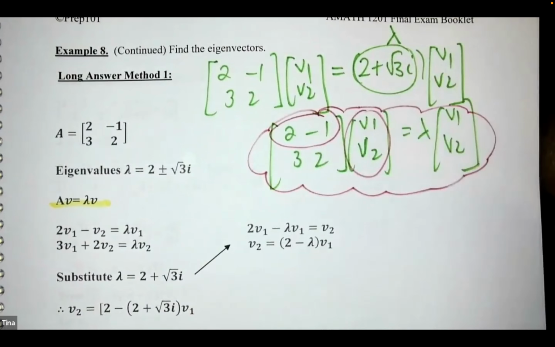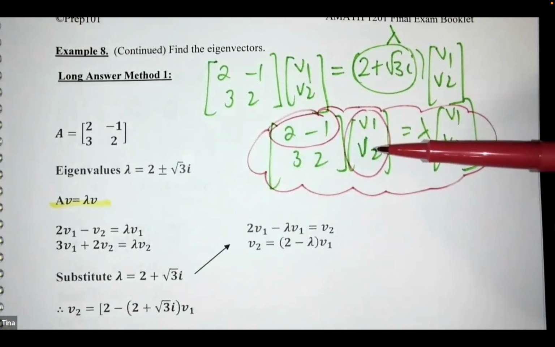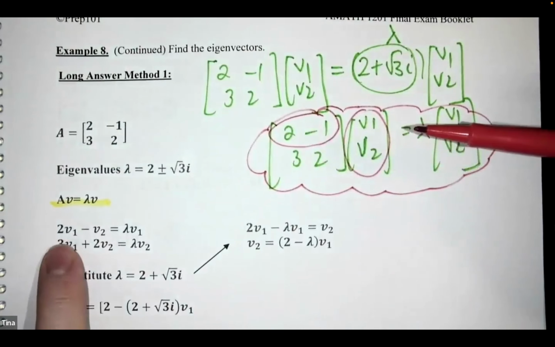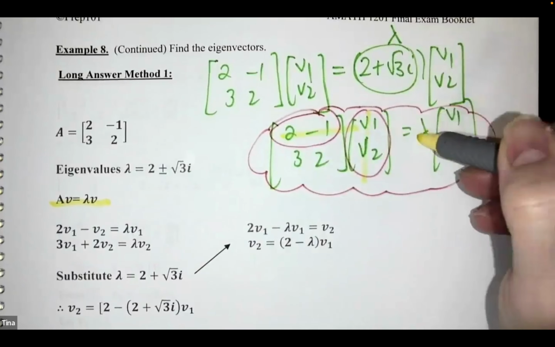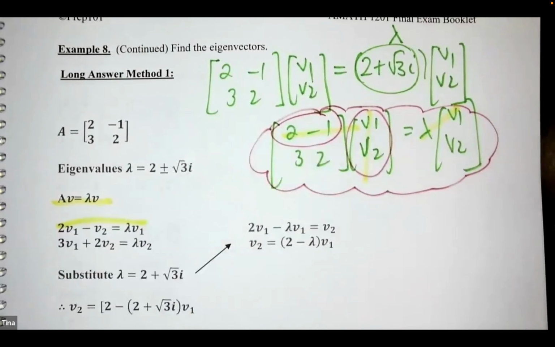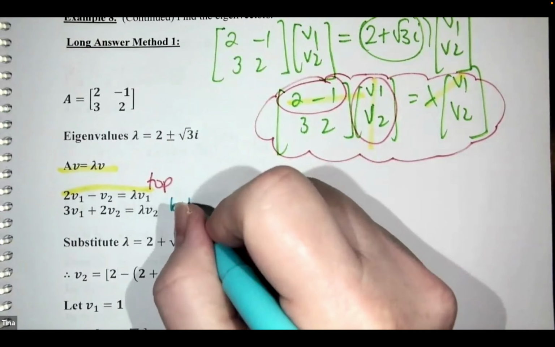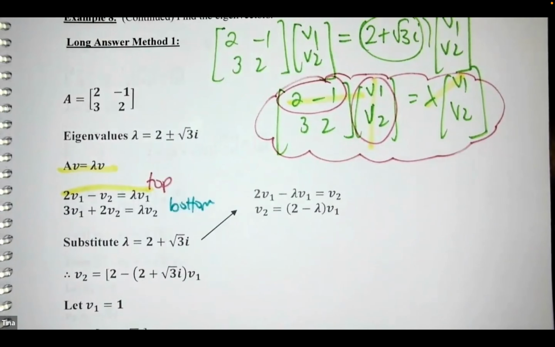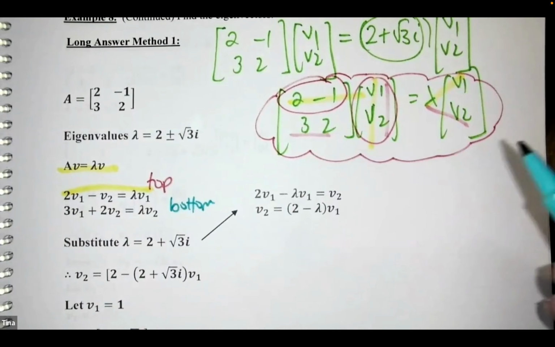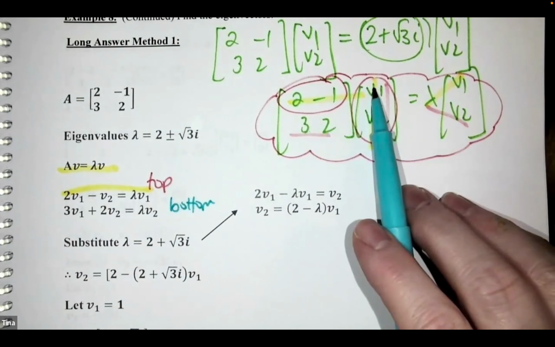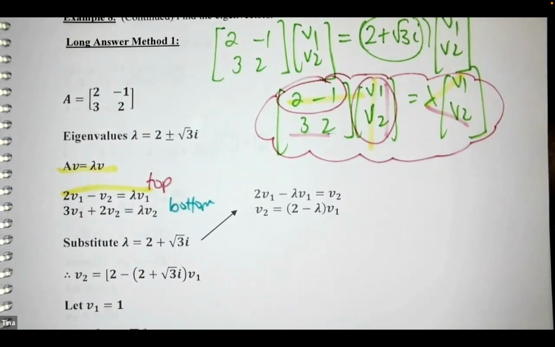So think about the top row. The top row, 2 times V1 minus 1 times V2, 2V1 minus V2 equals the top over here. Okay, so that's the top. And then for the bottom, I've got this times this equals this. So 3 times V1 plus 2 times V2 equals lambda V2.